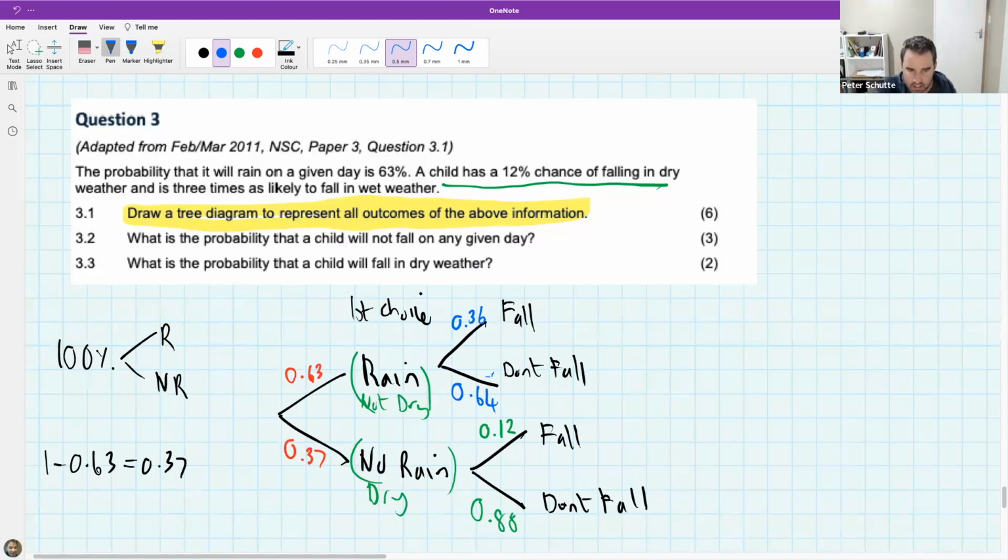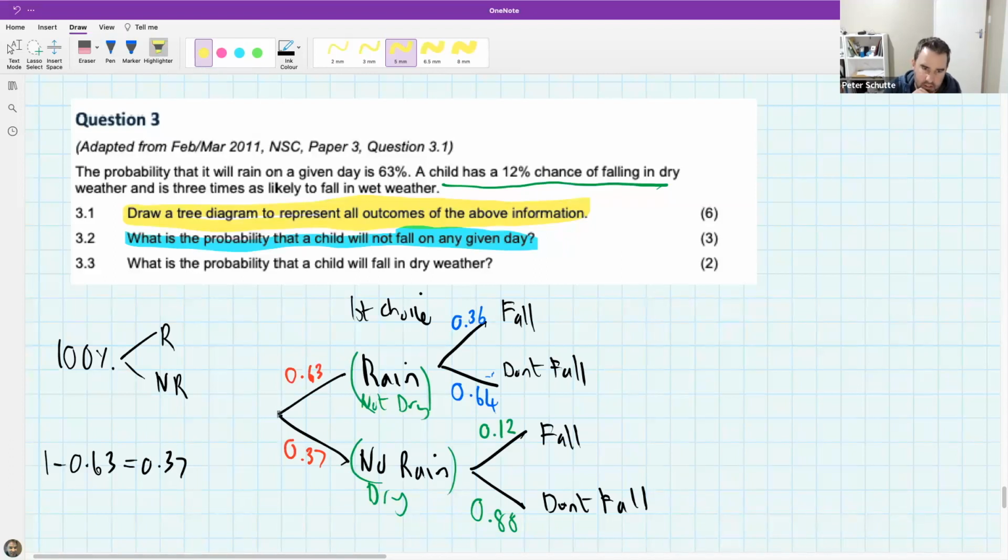So let's just finish with the last question we'll do today, this 3.2. We're not going to go any further. What is the probability that a child will not fall on any given day? Think about which pathways are relevant and how you would work out the probabilities.